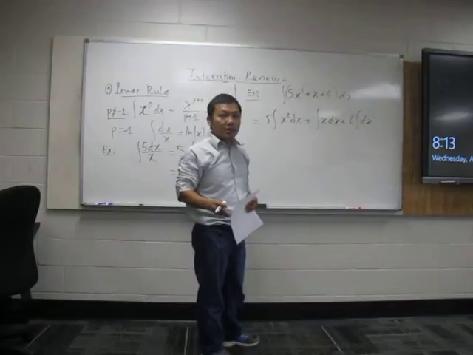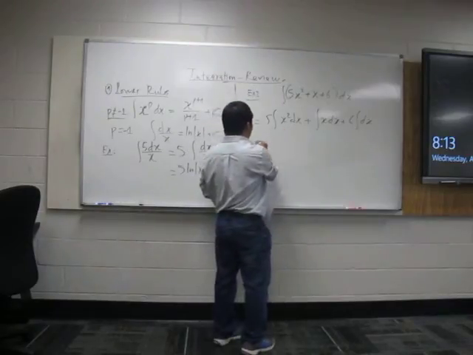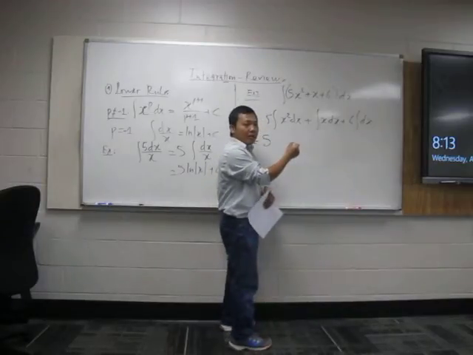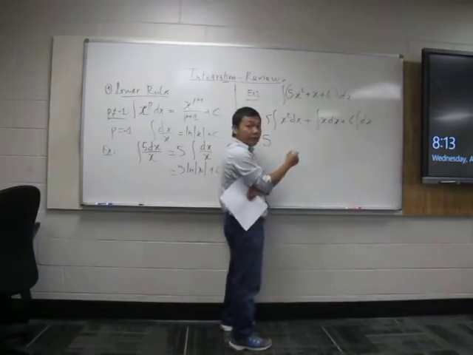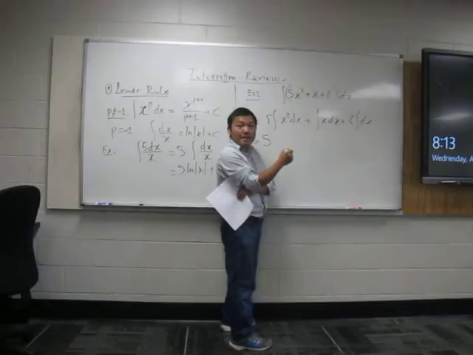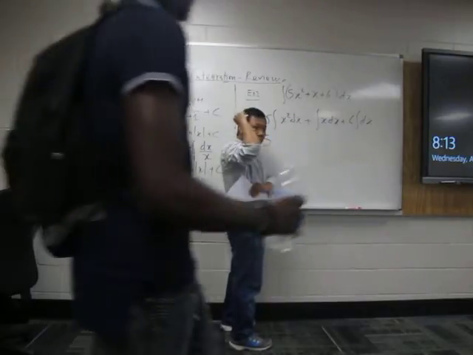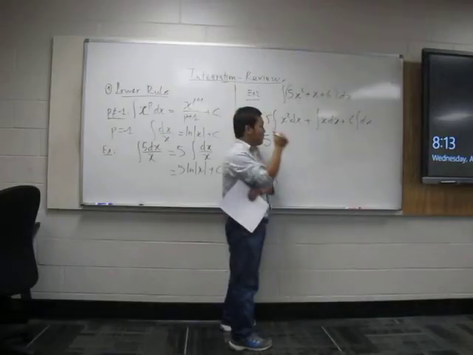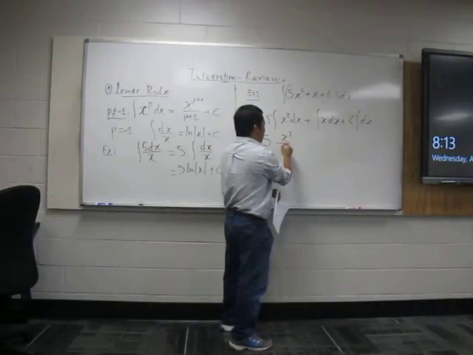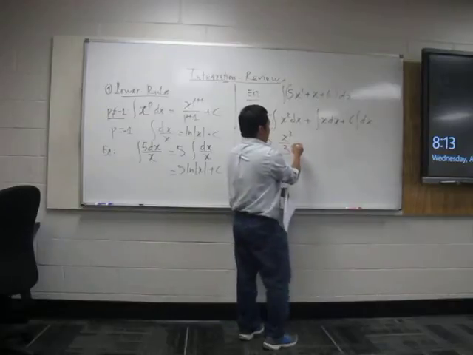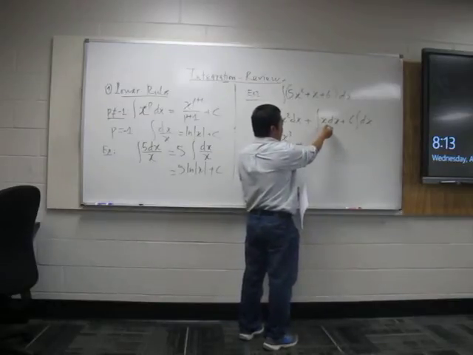For this integral, we use the power rule. We have 5, please tell me the answer. X squared. So according to the power rule, what's that? X cubed over 3. Okay, and then plus, what's this? X. The power is 1, right?